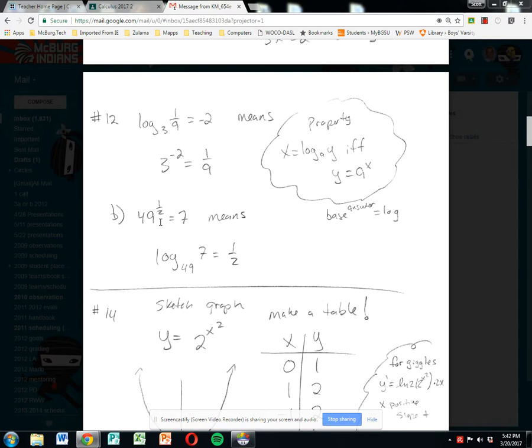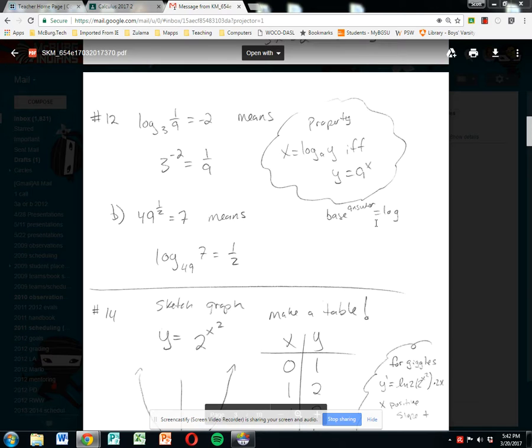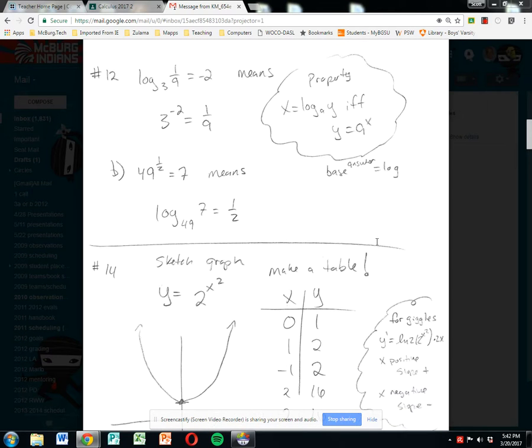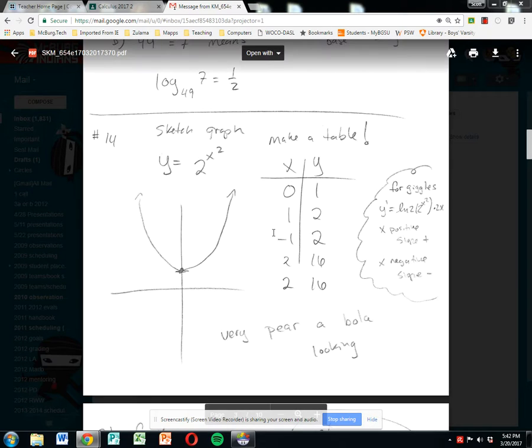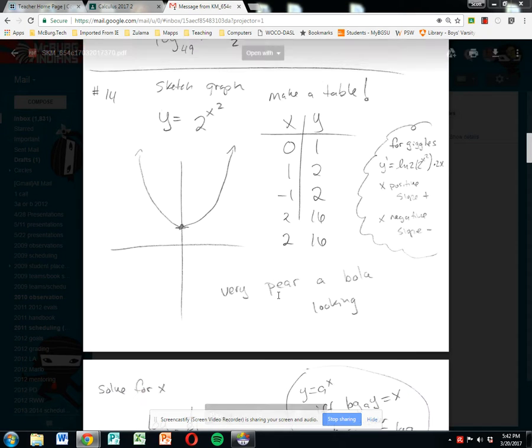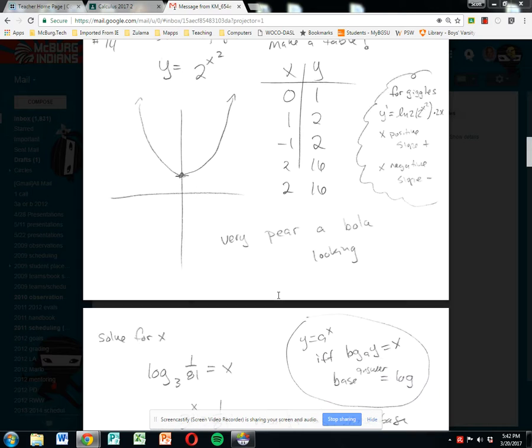Again, this should mean base, this should mean answer, this should mean log number. So that goes in place of the log number, this goes in place of the base, and 1/2 goes in place of the answer. I know that's not quite what the book has, but it seemed easier for me to remember it that way. If we want to sketch a graph for any of these, just make a table and plug in some numbers and see what makes sense. This was pretty easy to do, and I thought it looked like a pair of bolas.